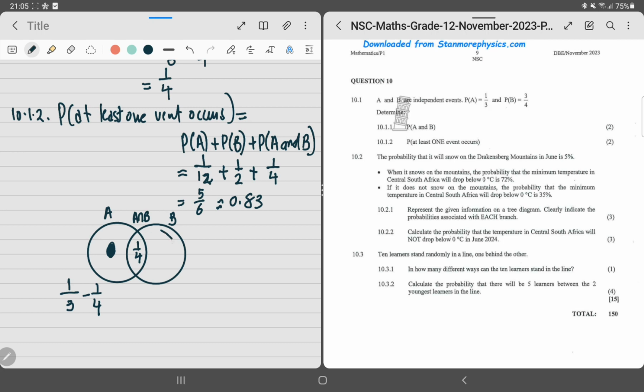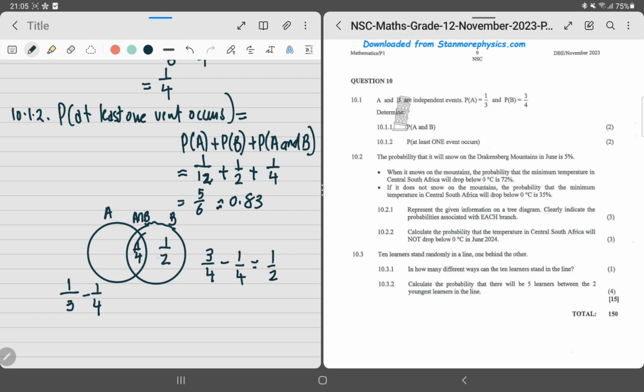And the probability of the whole of B is 3/4. And the probability of A and B is 1/4. So that gives me 1/2.